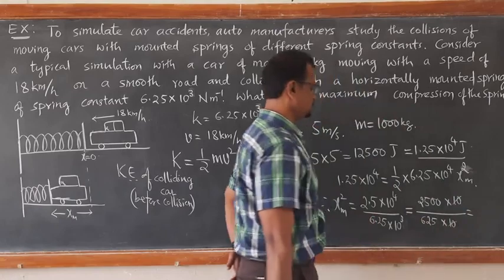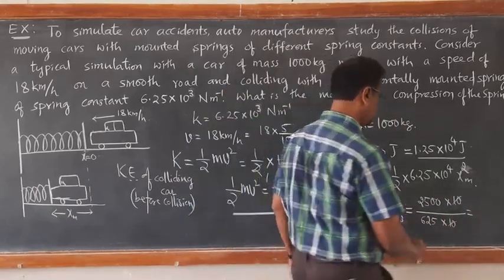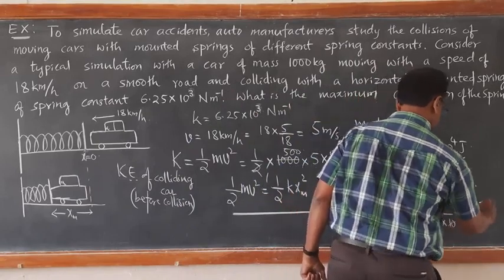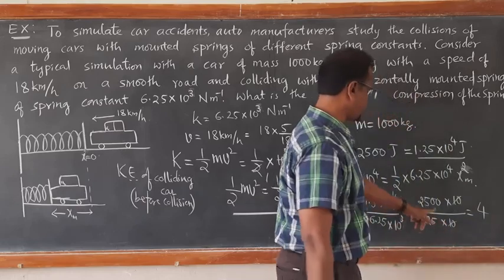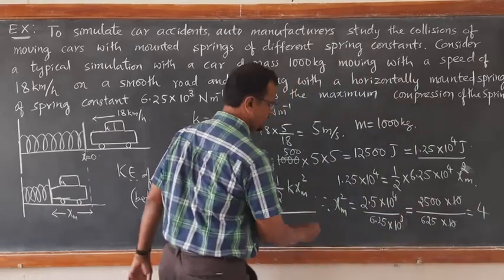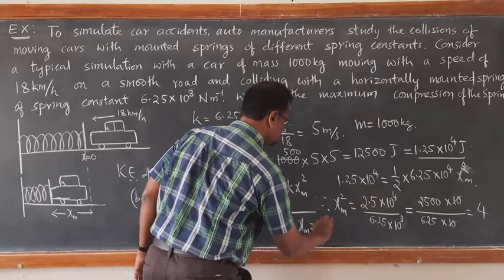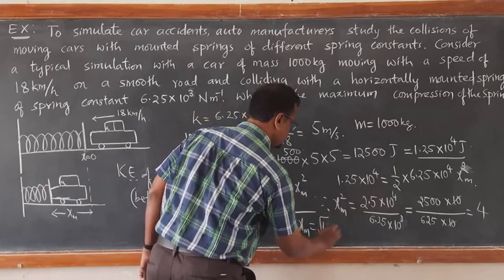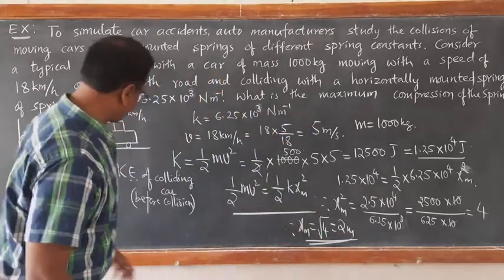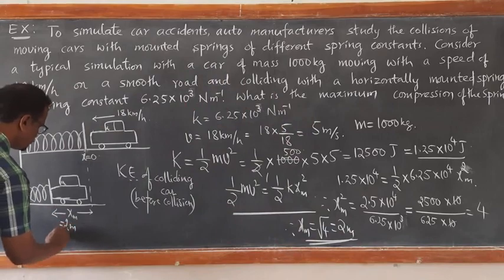If you calculate, this comes out to be 4. 4 5s are 20 carry 2. 4 2s are 8 plus 2, 10. Therefore it is 4. So xm square is equal to 4. Therefore xm, the maximum compression, becomes square root of 4, that is 2 meters. So this is how we can calculate the maximum compression of the spring.